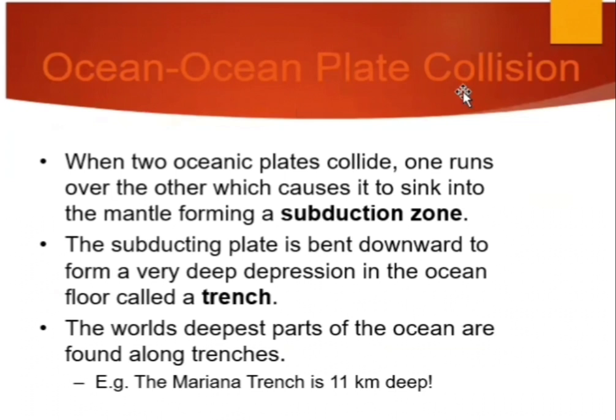When two oceanic plates collide, one runs over the other, which causes it to sink into the mantle, forming a subduction zone. The subducting plate is bent downwards to form a deep depression in the ocean floor called a trench. For example, the Mariana Trench is an example of two oceanic plates meeting and one subducting.